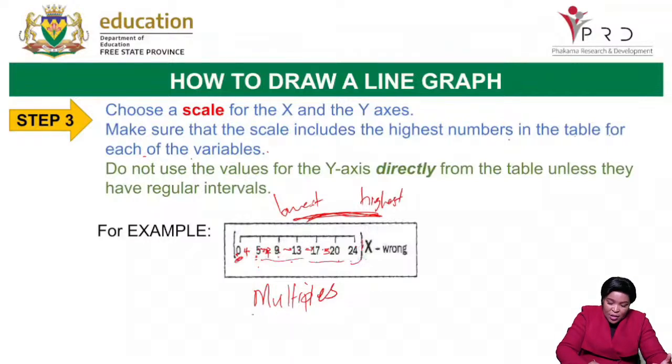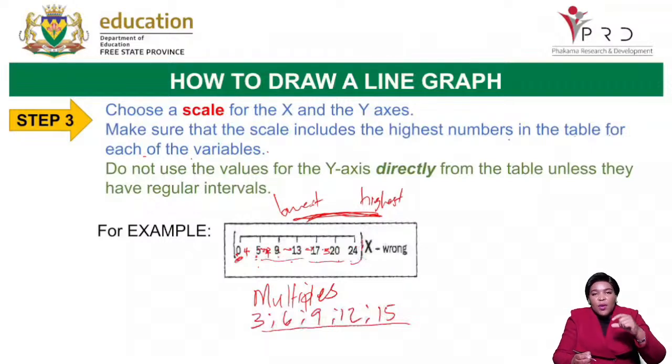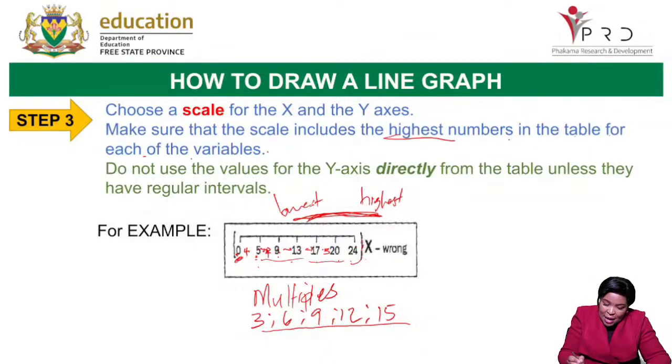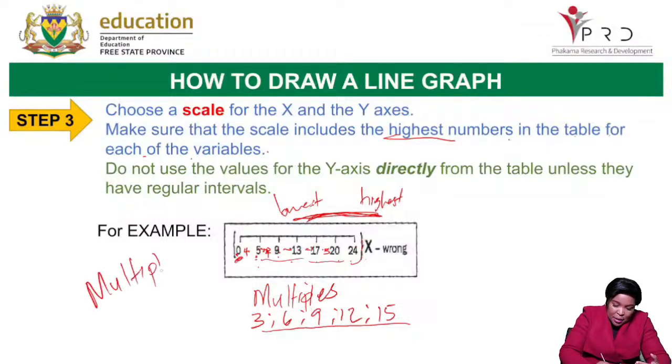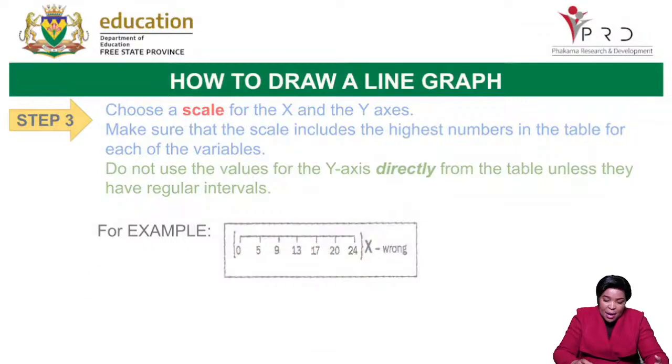You see, now you have the same intervals, the same spaces. So when you choose a scale, include your highest number on the table and your lowest number, but you must use multiples. Remember this, multiples.